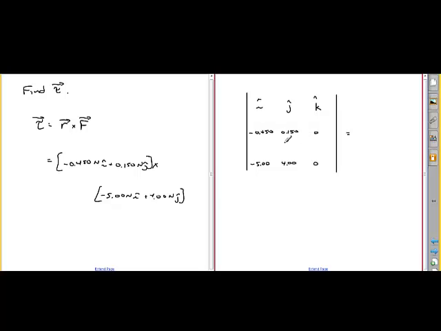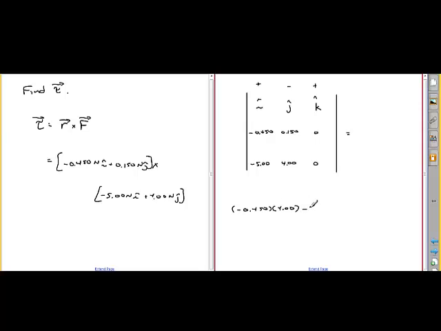So if you do the determinant of this matrix, you see these zeros are going to make it so the i and j parts go to 0. The only thing we're left with is k, and the way it goes is plus, minus, plus as far as the signs. Since the k vector is the third one across here, it's going to be plus. And then we do this 2 by 2 matrix, so we're going to have negative 0.450 times 4.